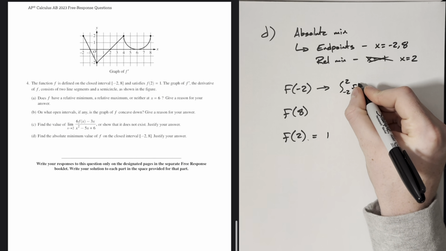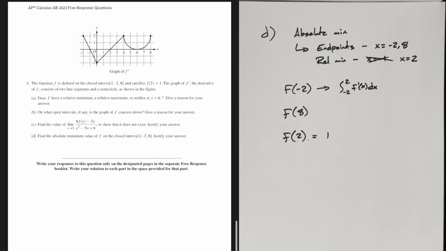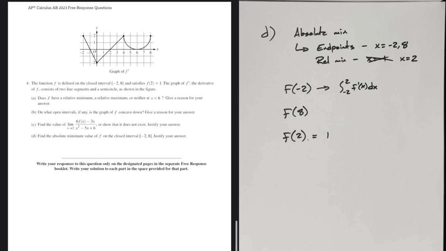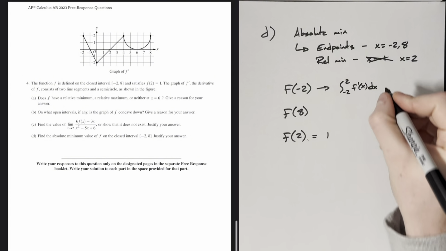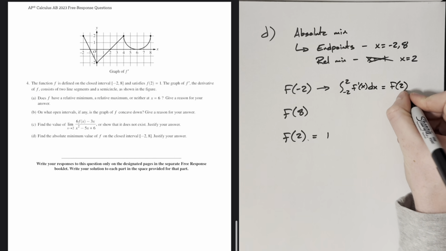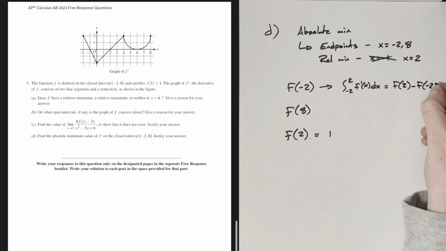And when I integrate f prime of x, which is the graph that I have right here, this represents the area beneath the curve from -2 to 2. If the area is above the x-axis, it contributes positively. If it's below the x-axis, it contributes negatively towards the integral. And using the first fundamental theorem of calculus, this is also equal to f of 2 minus f of -2, right?